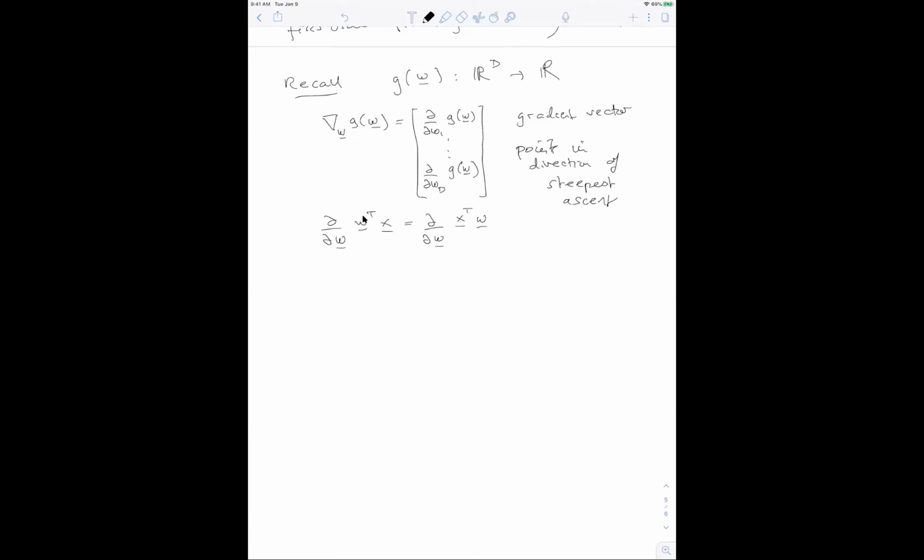First of all, remember that these are scalars. If I have scalars, I can reverse the order and get the same scalar. So the derivative of this scalar with regard to, excuse me, I should be writing this using the gradient symbol.